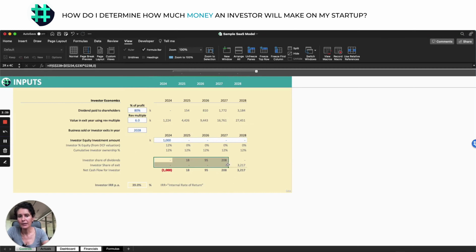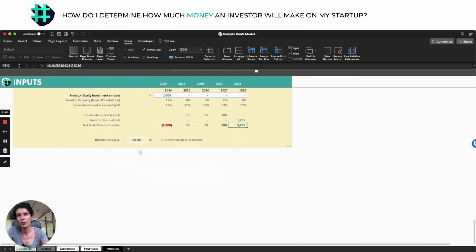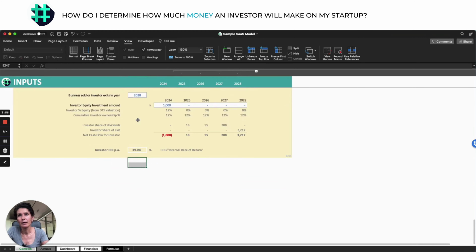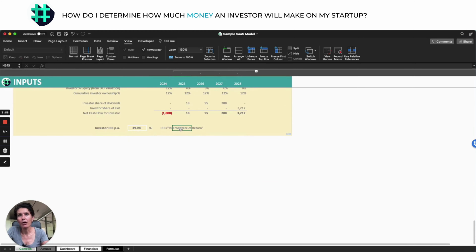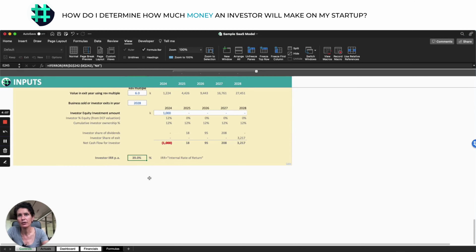If we add up all of these cash flows, including the $1 million they give us today, plus the positive dividends that they receive over time, plus their share of the exit, we can use all of those in an Excel formula, which is IRR, and we can come up with the internal rate of return pretty easily. And in this particular case, it turns out to be 39%. So above that 30% threshold that we were looking for.